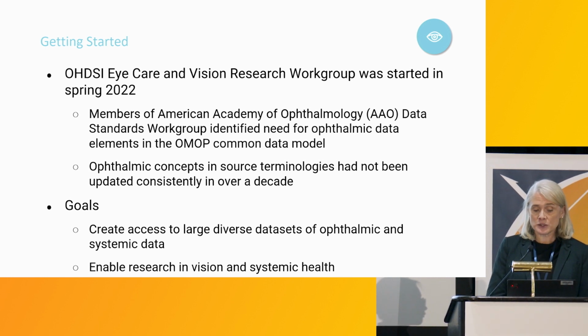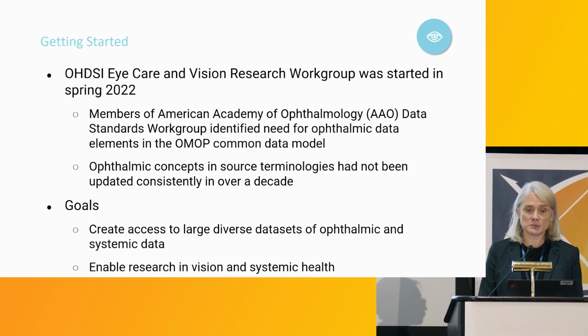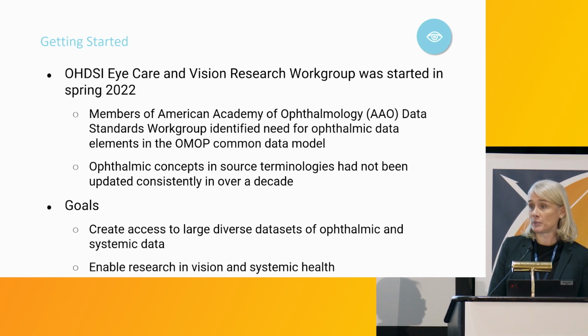And we quickly also discovered that the source terminologies hadn't been updated in a while, so there were missing concepts there as well. But our overall goals were to create access to large, diverse data sets of ophthalmic and systemic data to enable research in both and also at the intersection.